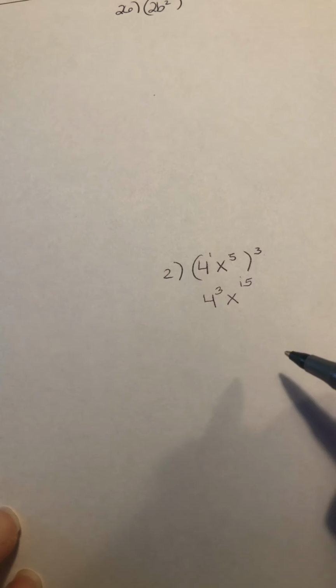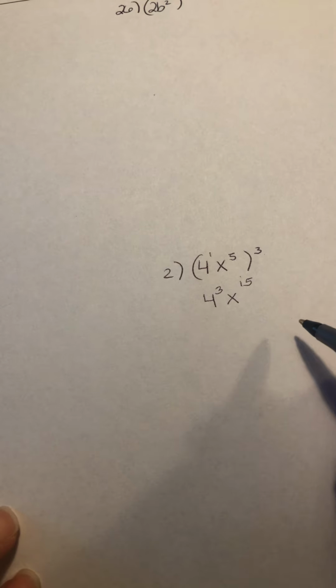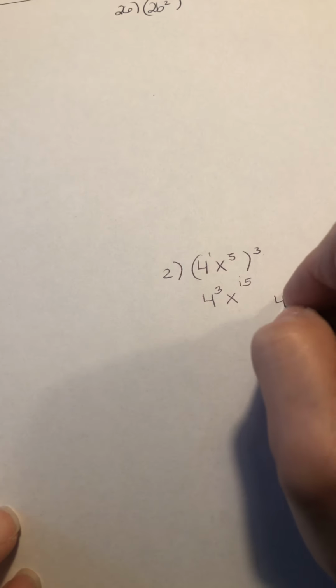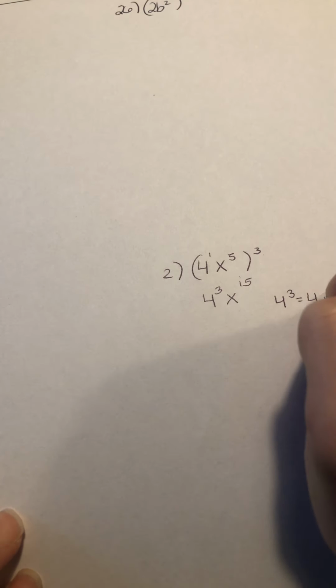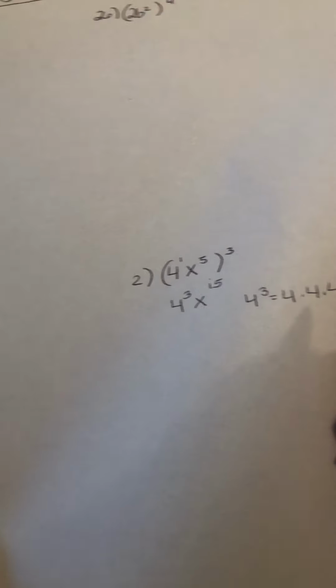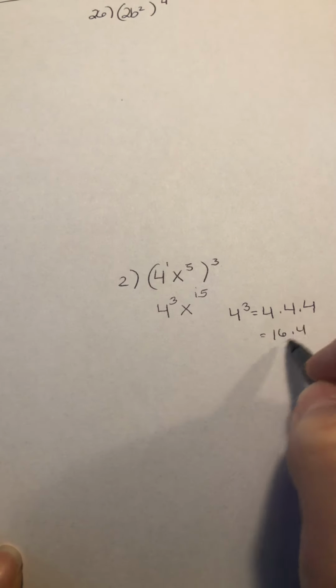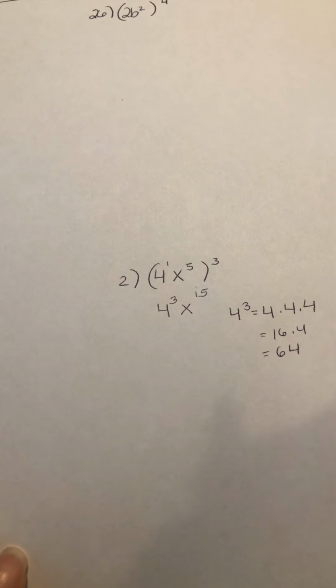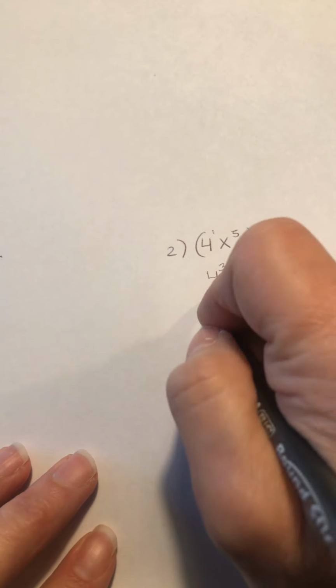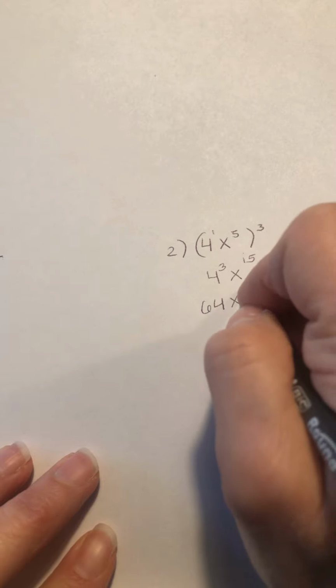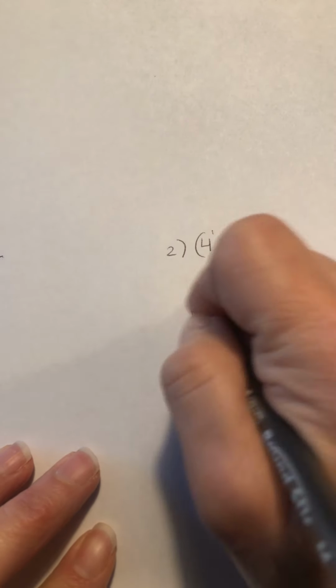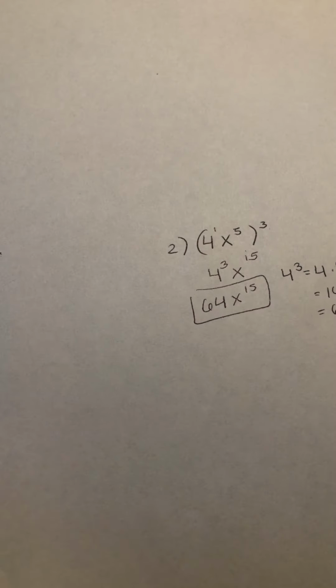And if we think about further simplifying, 4 cubed is like saying 4 times 4 times 4, or 16 times 4, which is 64. So we can simplify 64x to the 15th power on that one.